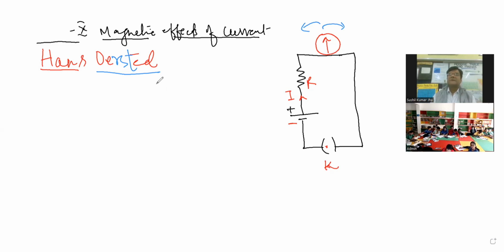Then all of you write: the phenomenon of producing magnetic field around a current carrying wire is called magnetic effect of current.